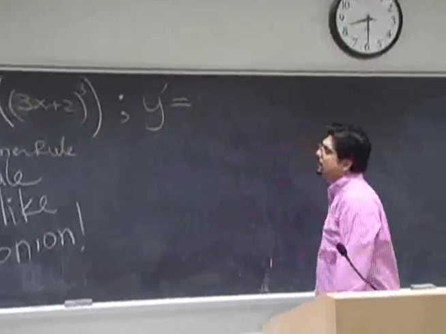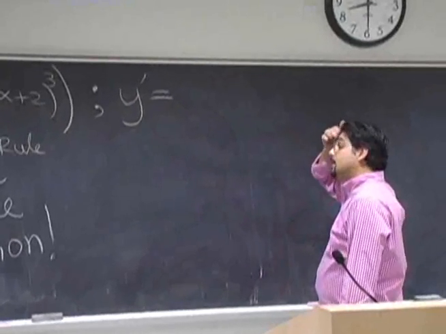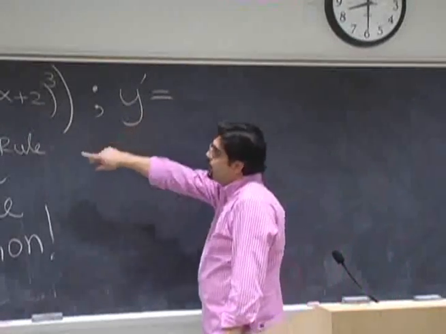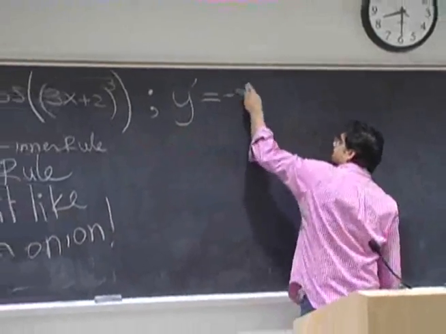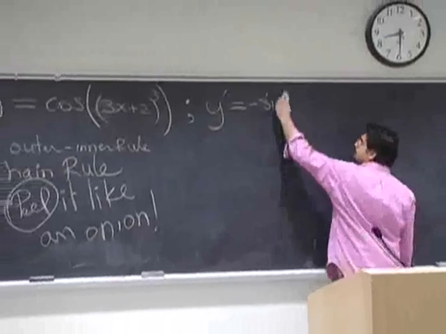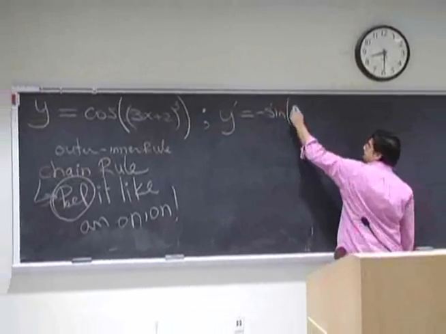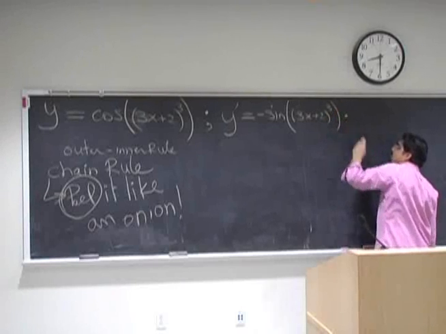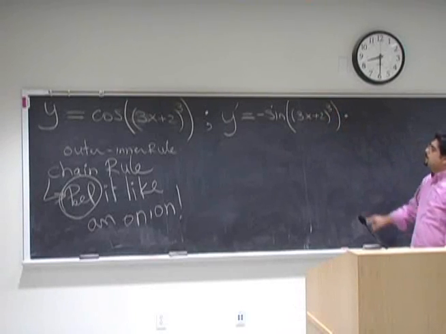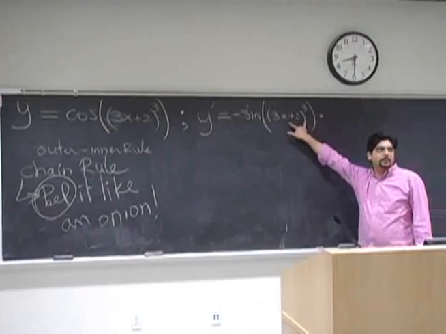So having said that, let's think about the derivative. First, the outermost layer is cosine, and the derivative of cosine is negative sine, leaving the inner part the same, times the derivative of the inner function.